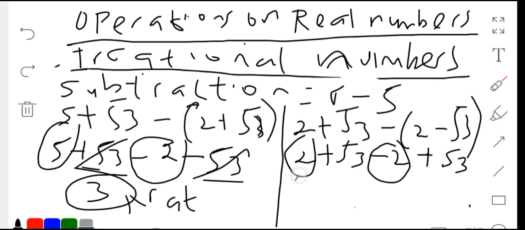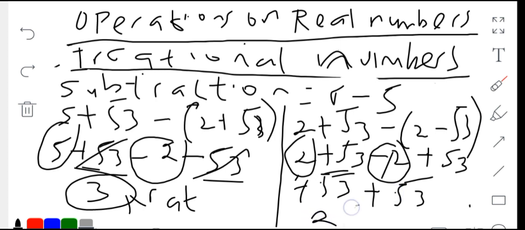That means they will cancel out one another, and what will remain is plus square root 3 plus square root 3. And I told you, when you have something like this, 1 is in front of them, so don't forget to add those 1 and 1 together, so that will give us 2 square root 3. So you can see we got an irrational number here. Subtraction of two irrational numbers gives us an irrational number, or it might give us a rational number.